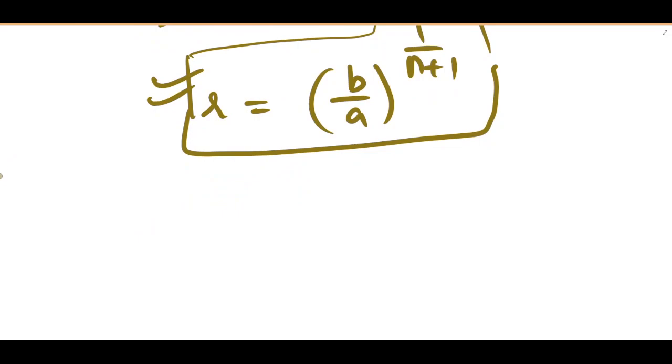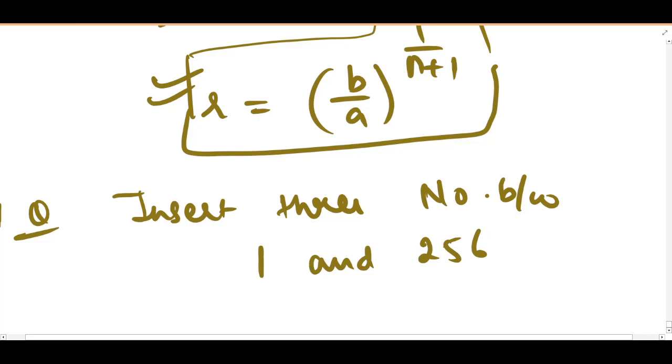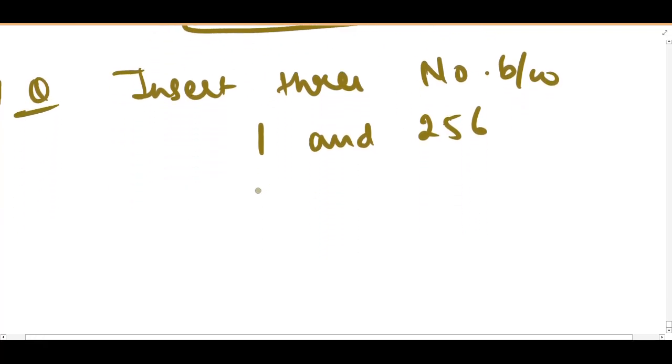So the question is: insert three numbers between 1 and 256 so that the resulting sequence is a GP.